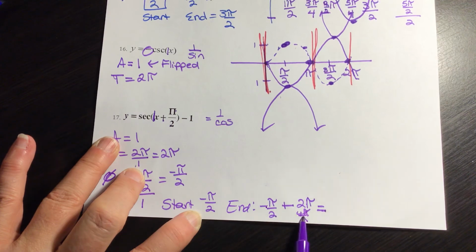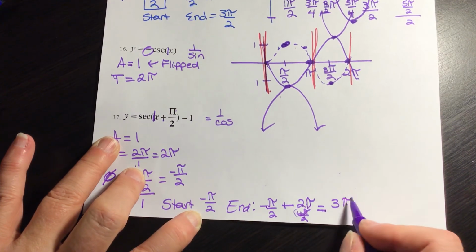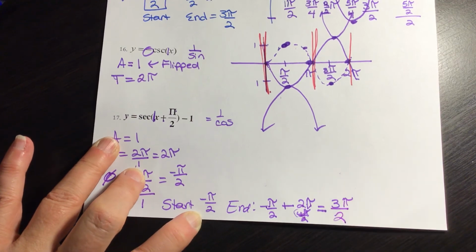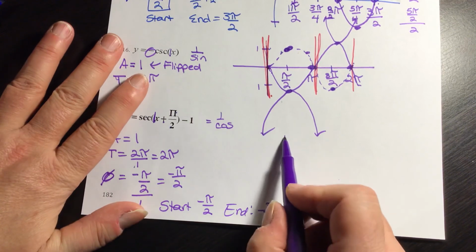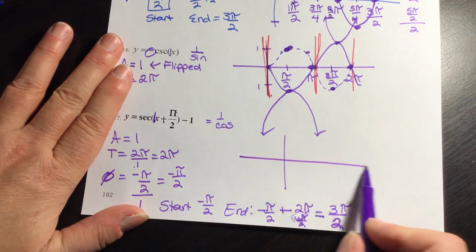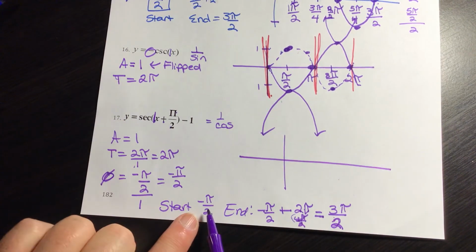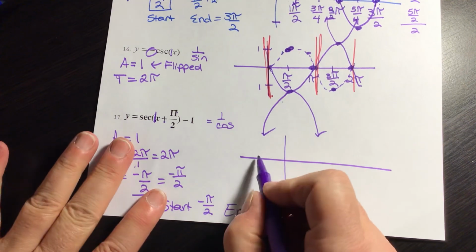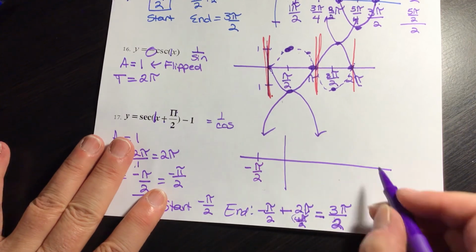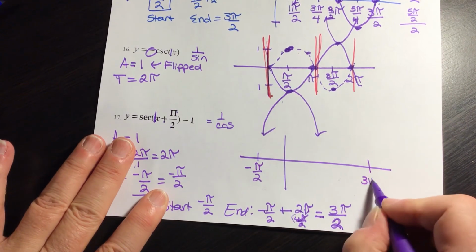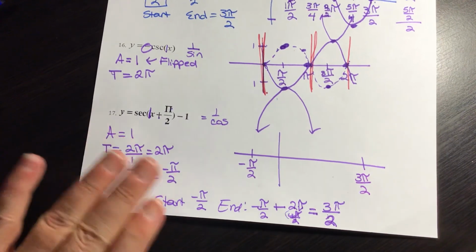So negative 1 plus 4 is 3, so this is 3 pi over 2. All right, so what does that look like? I'm going to start at negative pi over 2. I'm going to end at 3 pi over 2.